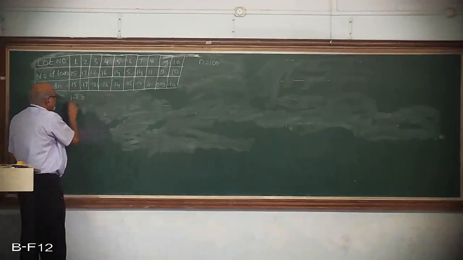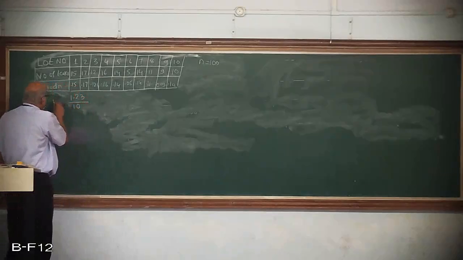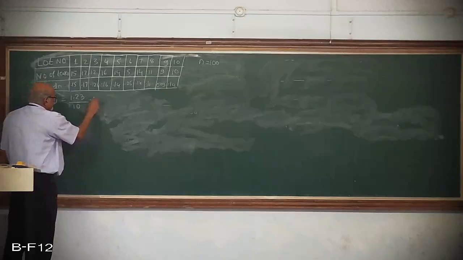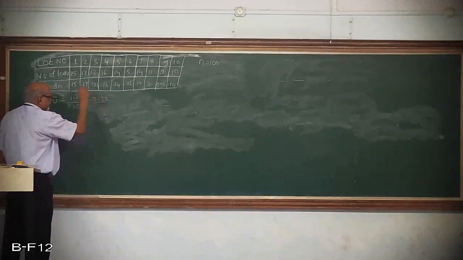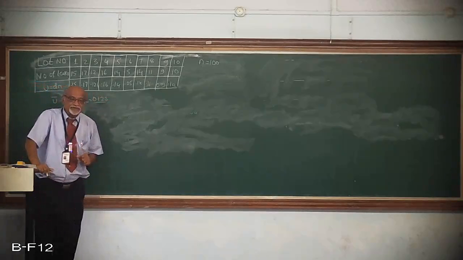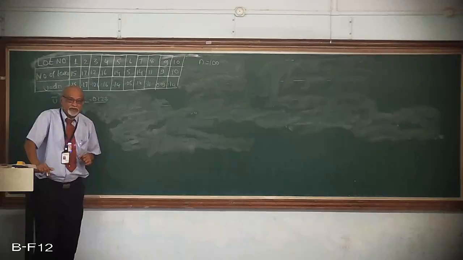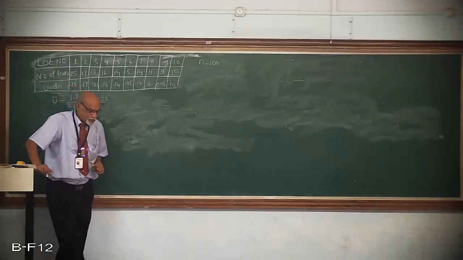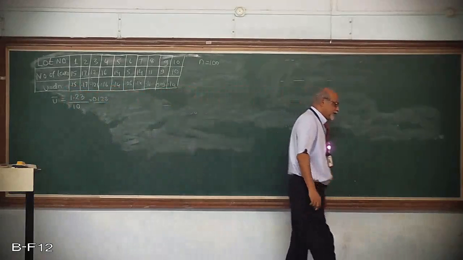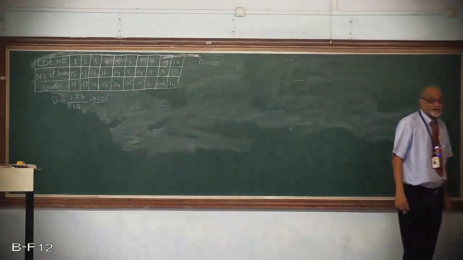So how many lots? 10. So U bar is equal to 0.123. On an average, there are 0.123 leaks per radiator.